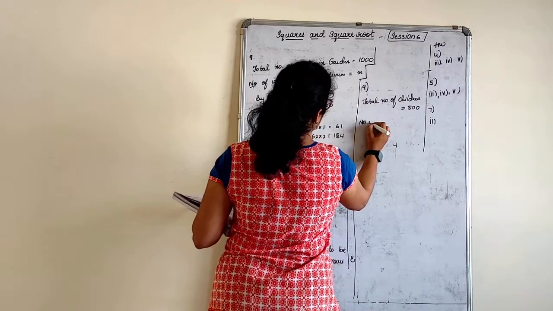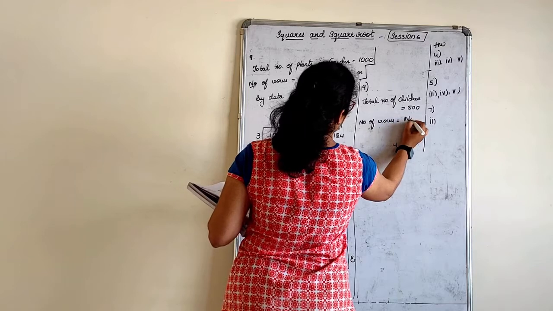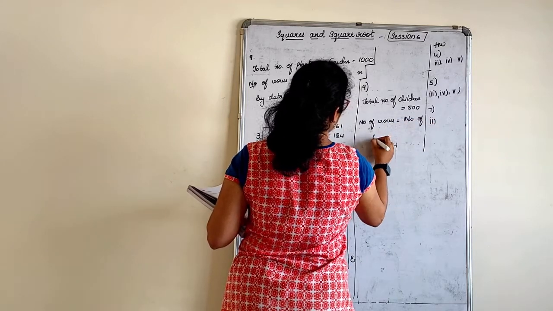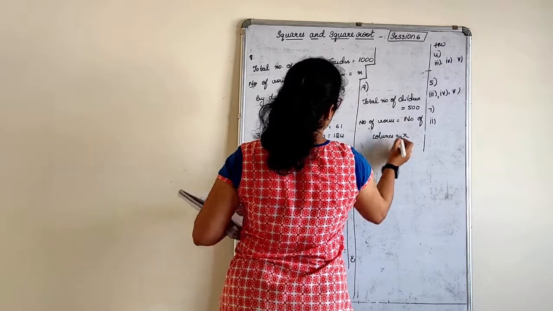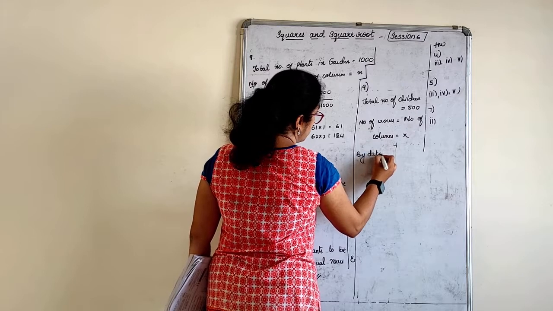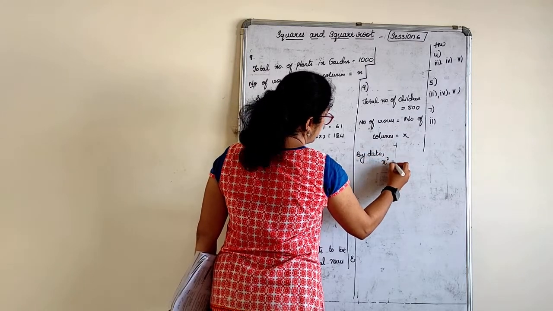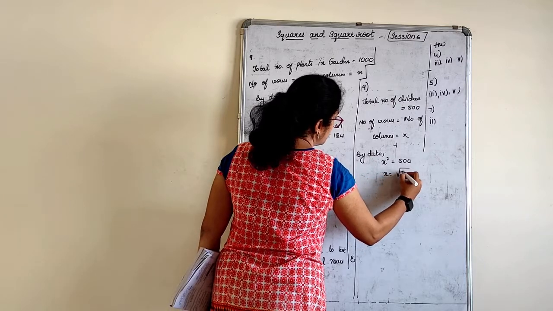Number of rows is equal to number of columns, that is equal to x. By data, x square is equal to 500, x is equal to root 500.